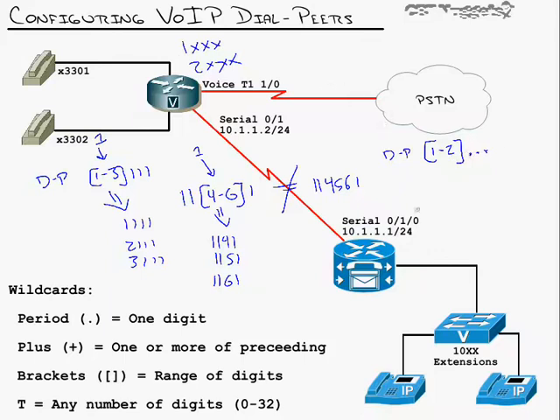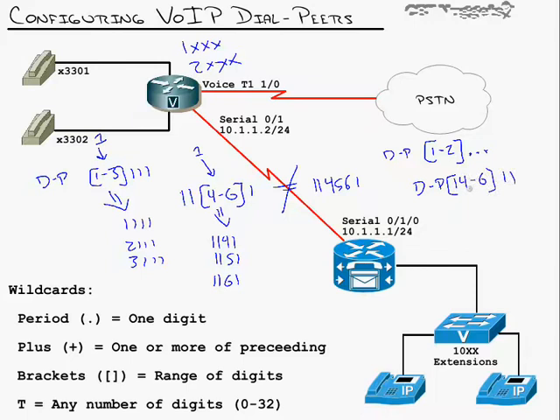All right, get ready for this one. I could have a destination pattern of, we'll say, 1 2 through, well, hang on, no. Let's do 1 4 through 6 1 1.